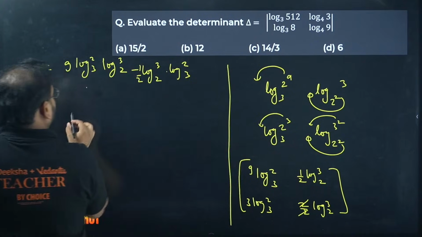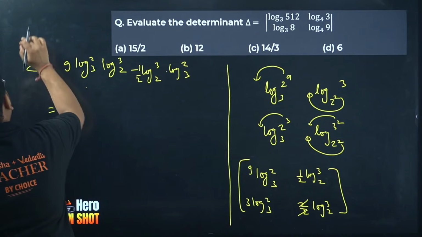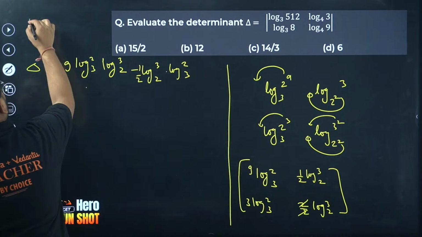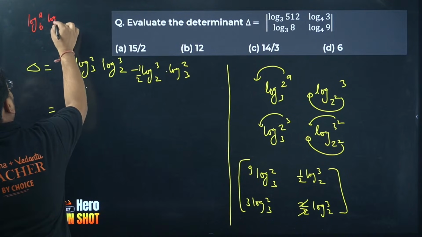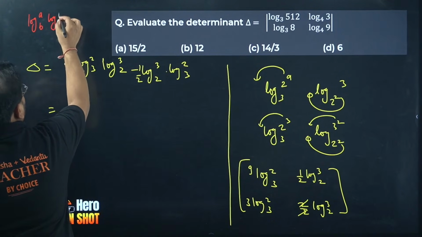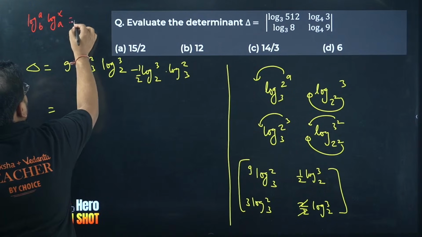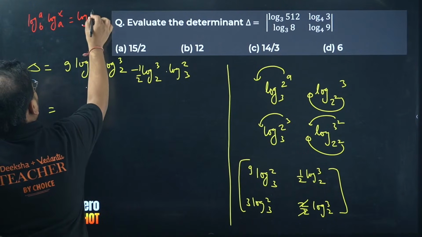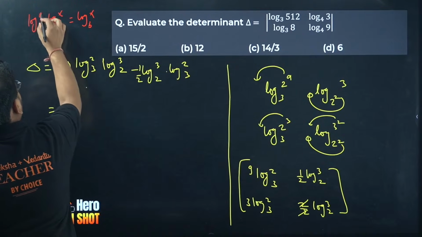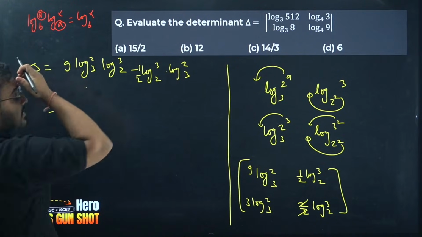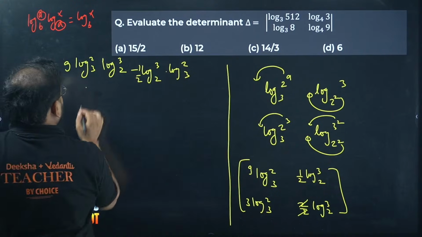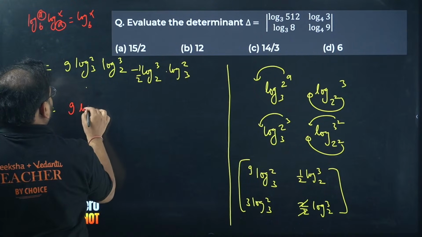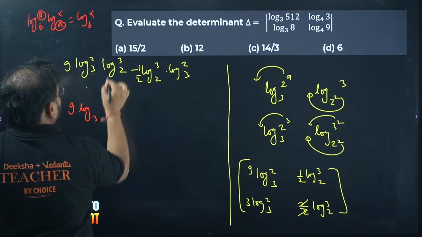Now there's a property that is going to be true over here. I hope you all know or remember: log of a with base b, and log of, let's say, we have x and a. The answer becomes log of x with the base b. So basically this and this are the same. You get the result as x and b. So this whole thing will become: 9 log, the base will be 3 here, and this will be the value.